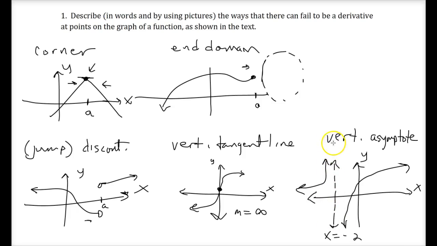Basically, it's another discontinuity, but it's a discontinuity where the actual line where the discontinuity is sort of acts like a wall. So the function either tries to go above it or below it. And if you notice, if you look at the behavior of the function coming from the left, it's different than the behavior of the function coming from the right.